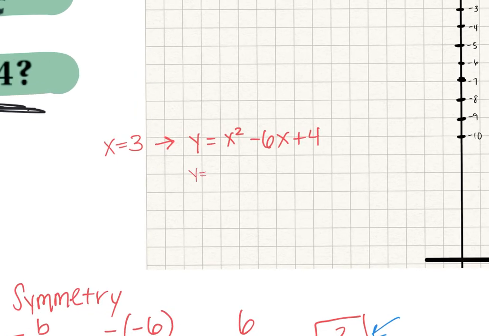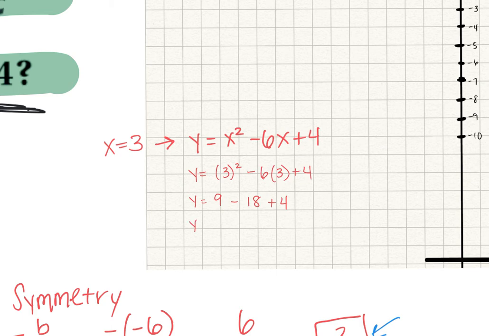So y equals 3 squared minus 6 times 3 plus 4. Y equals 9 minus 18 plus 4, because 3 times 3 is 9, 6 times 3 is 18, and 4 just stays as 4.